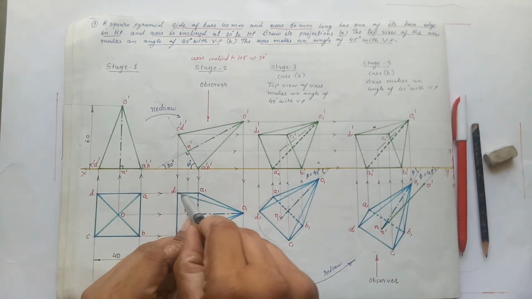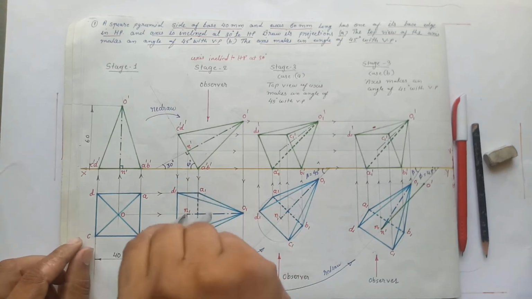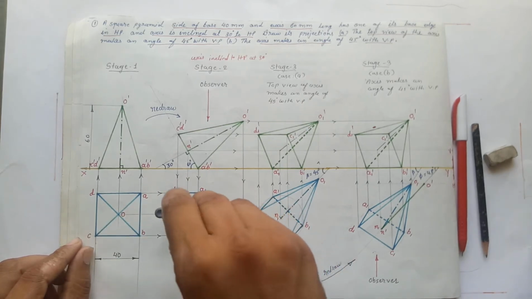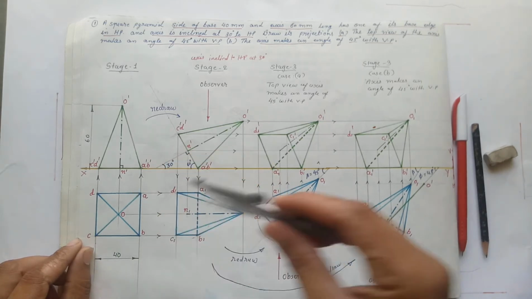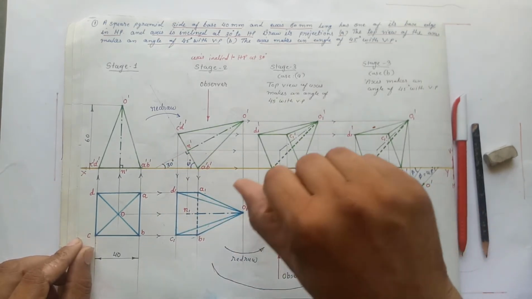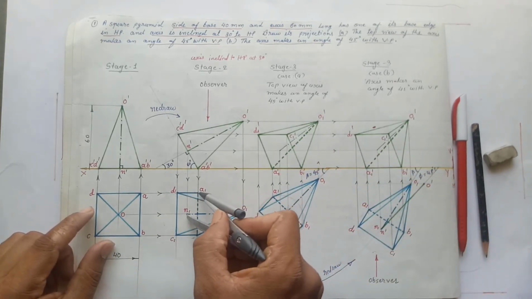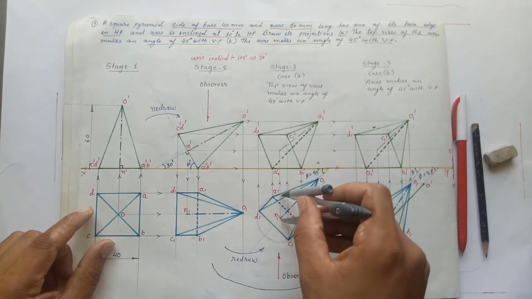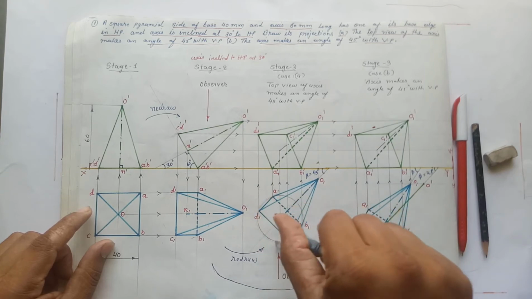From the geometry of the figure we can say that the distances of D1, A1, B1 and C1 from N1 will remain the same. If you draw the circle, they will come on the circle. So from N1 draw the circle, the radius of the circle will be O1 to A1. So draw the circle from O1 to A1, take this inside circle, and ignore the outside circle.